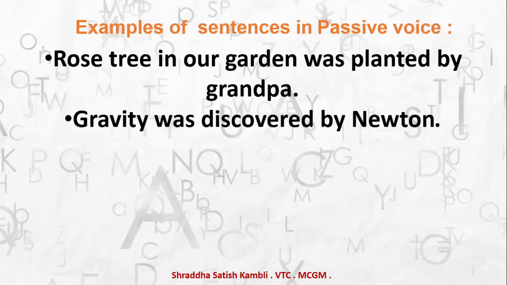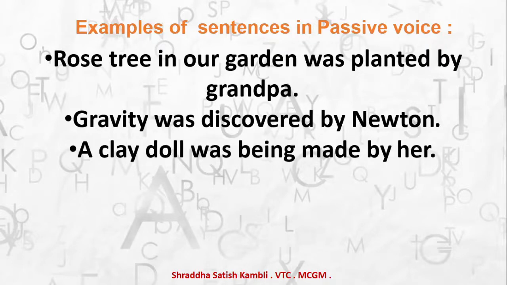Alright, then you have gravity was discovered by Newton. So gravity as an idea, as a concept was discovered, which is very, very important. Okay, but as an afterthought, I have added by Newton. So important here is the discovery of gravity. By whom is not very important.